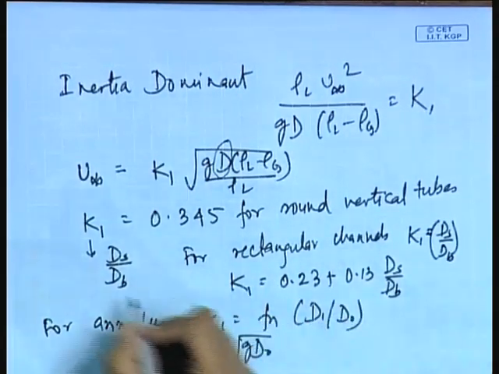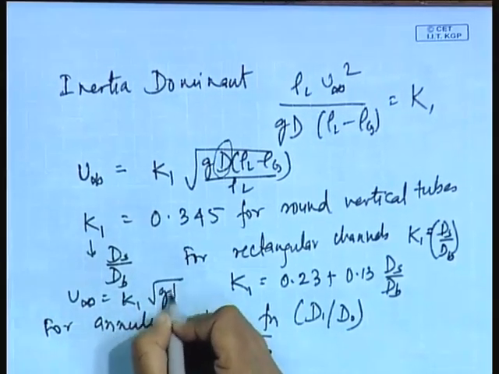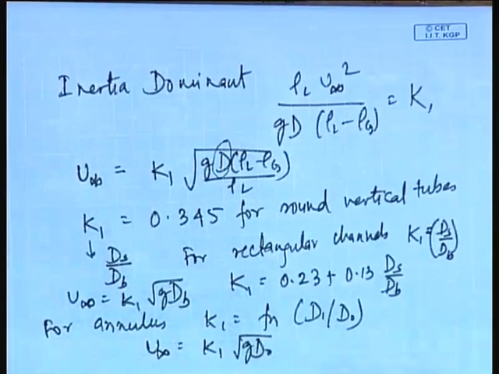In this case also, u infinity is given as K1 root g d bigger. Usually people have found those things, and this particular K1 is given by this expression. Here also K1 is a function of d1 by d0, and certain expressions have been proposed.